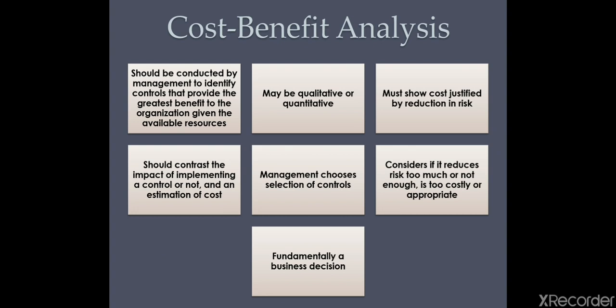If we reduce it to 0%, it will cost us 100,000 real, for example, but it is very unlikely to happen. So why don't we, for example, implement a control that will reduce the likelihood of the risk to 10%, but will cost us only half the amount of reducing it to 0%, which is, for example, 50,000 real.